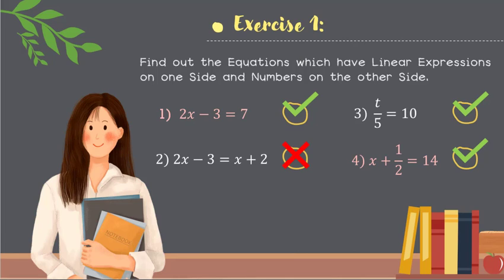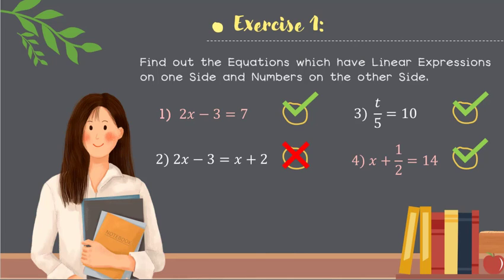We can see in most examples that we have come across so far, the right hand side is just a number, but it doesn't always need to be. Both sides can have expressions with variables, such as equation 2 in the exercise.